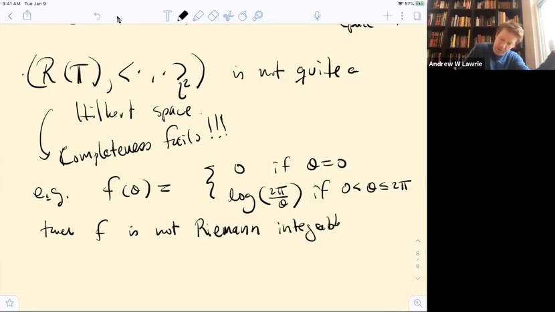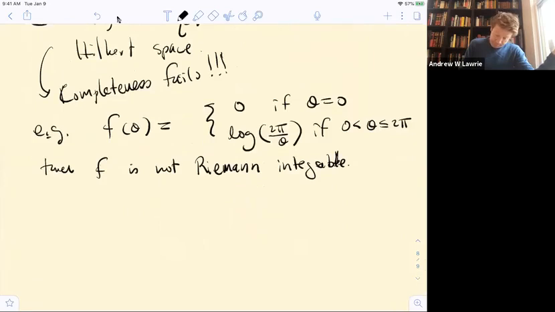So you can check this integral doesn't make sense. This is a bad function, it has a bad singularity at 0.